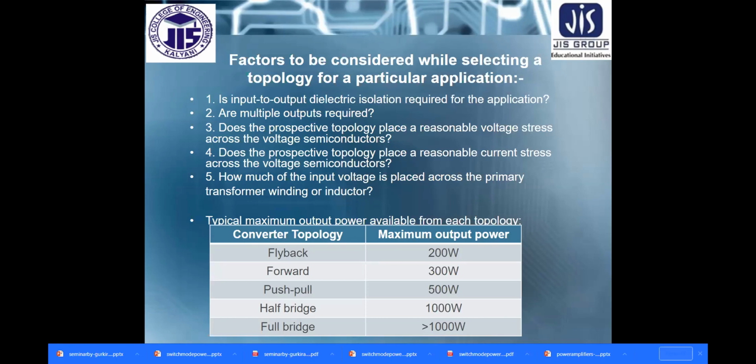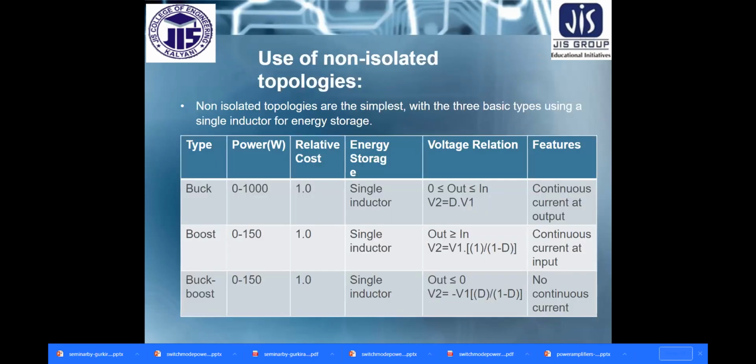And typical maximum output power available from each topology, these are mentioned over here. Now, use of non-isolated topology, whether we are using buck type, boost type or buck boost type, based on that we can get this power, relative cost and energy storage.